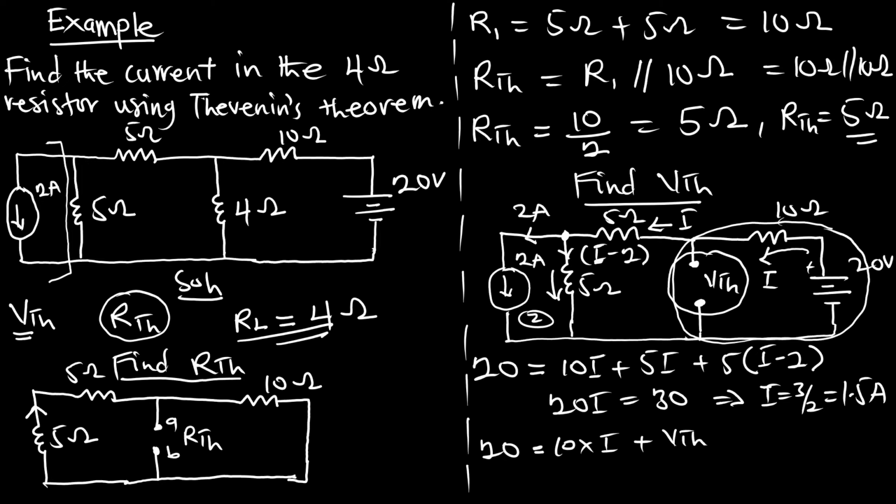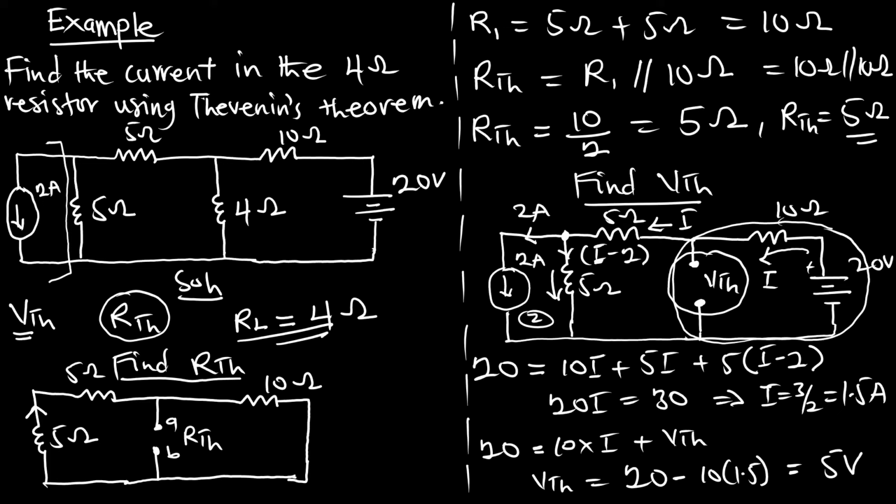So here we have the value of current, so we put in the value and find our VTH to be equal to 20 minus 10 times 1.5, and this is going to give us 5 volts.